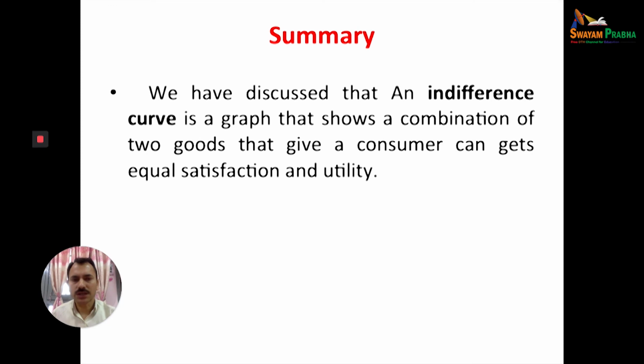Utility is ordinal. We can just rank the utility. Cardinal measurement is not possible in the case of an indifference curve. This satisfaction level cannot be measured, thus the consumer ranks the preferences.